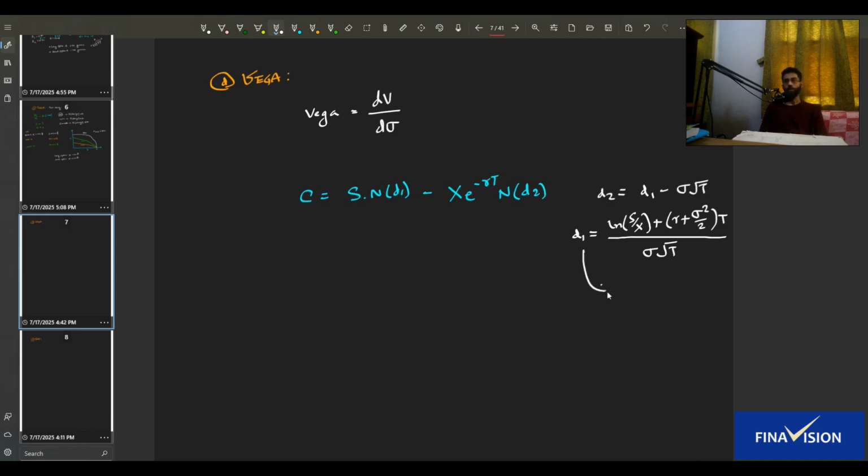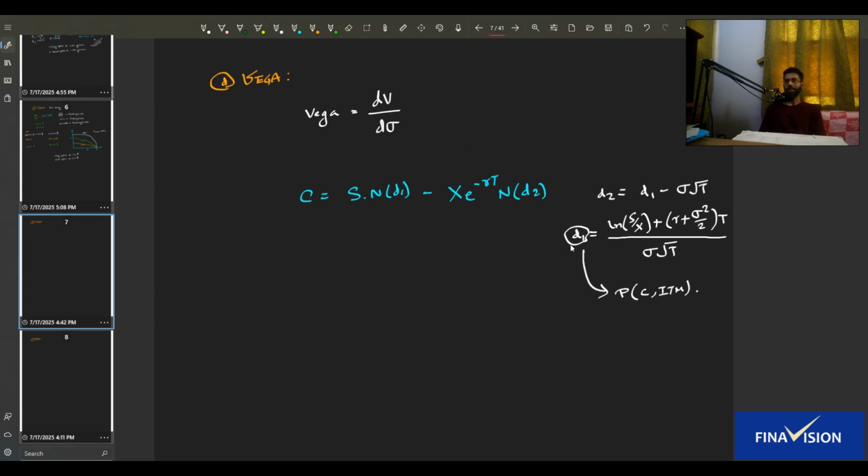D1 is trying to express what is the probability of the call option to be in the money when it expires, right? At any given point, when the time to expiry is capital T, the strike price is X, the stock price is capital S, the volatility is sigma, the risk-free interest rate is small r. These expressions combined together give the probabilistic understanding of the option ending in the money.